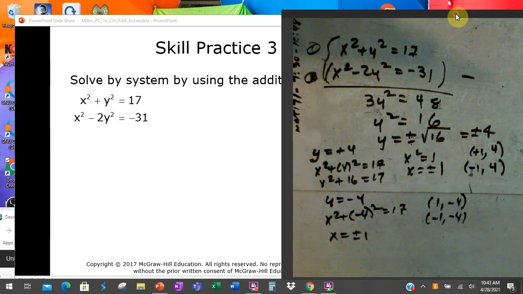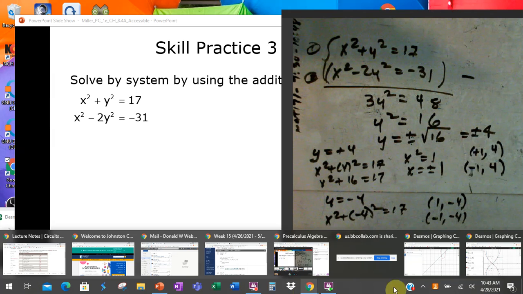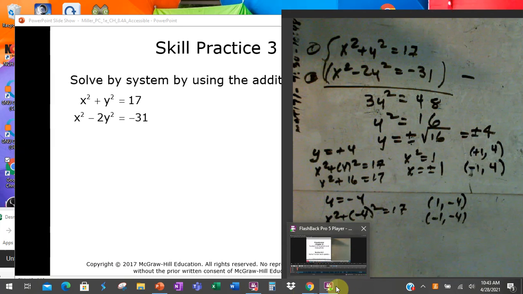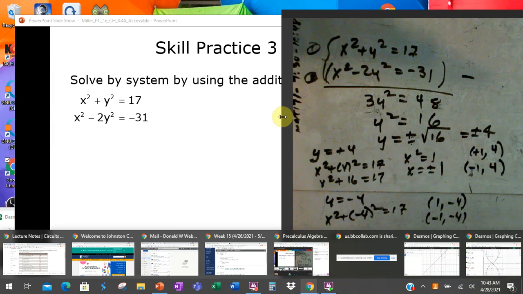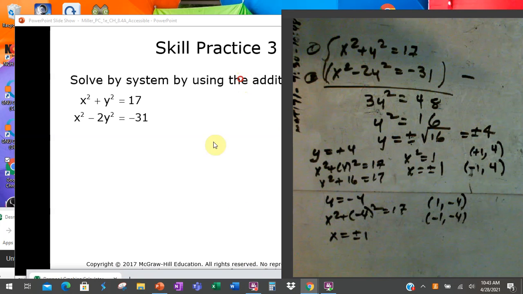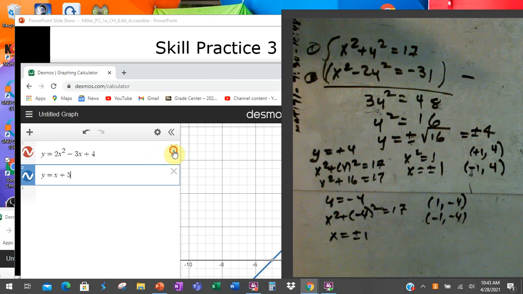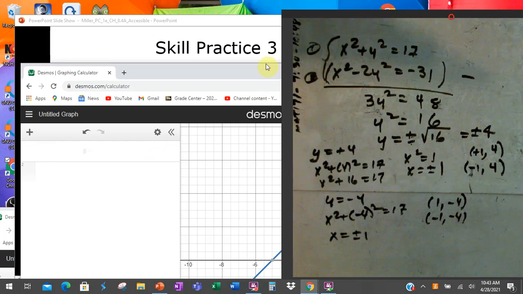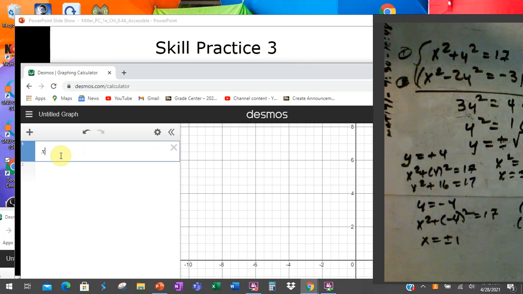And again, real quick, let me see if I can grab my Desmos. Where's my Desmos? Put it up. Slide this over here. x squared plus y squared is equal to 17.